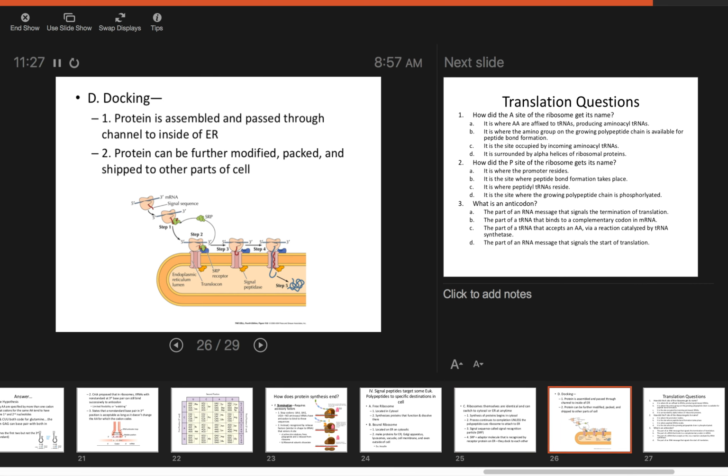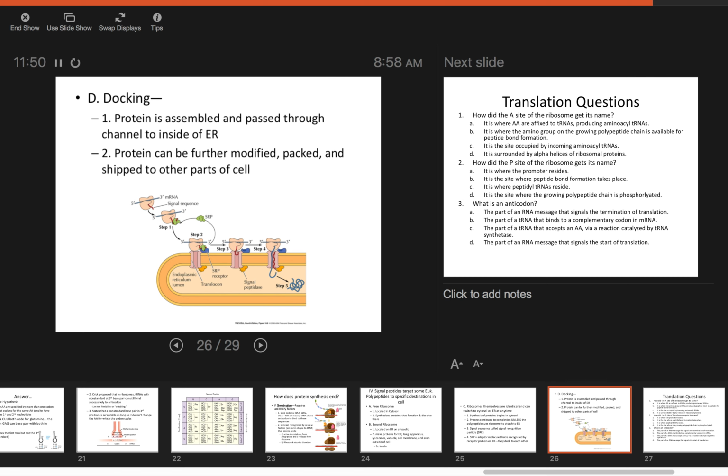Here's my ribosome. It's already latched onto the mRNA. It has a signal sequence that says, I need to go to the ER because this protein is going to become the cell membrane or something. So here's my signal sequence. An SRP will latch onto that signal sequence and bring it over to the ER where it docks.